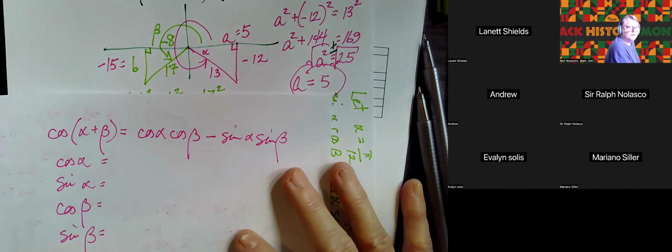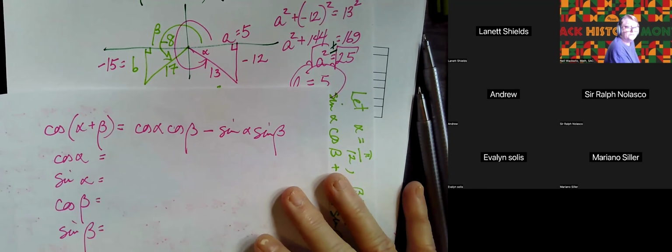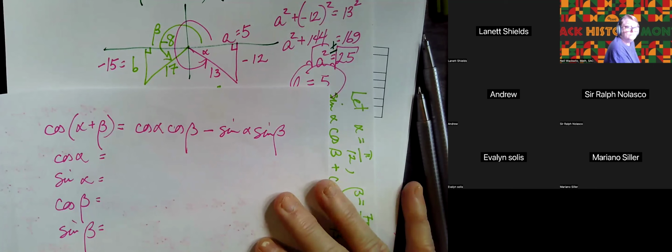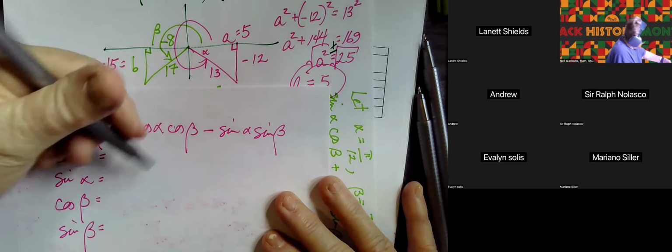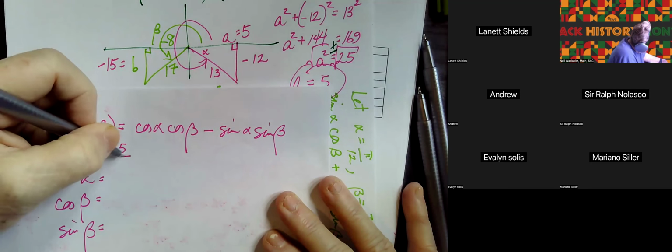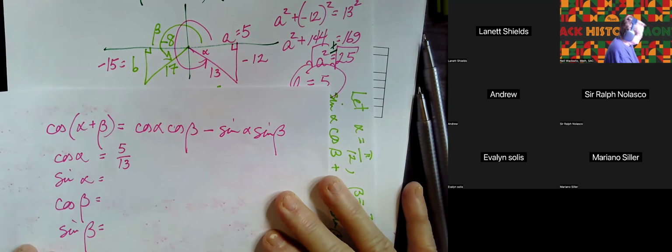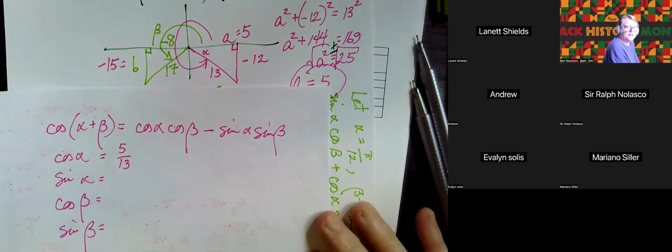And what is the cosine of alpha? What over what? Five over 13. Good, thanks. The sine of alpha, let's pretend that we weren't given it in the beginning.